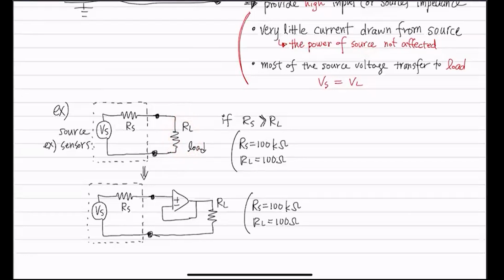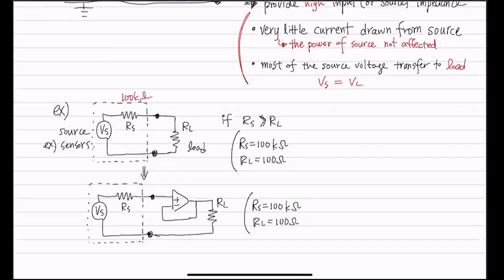And what if the sensor you've got has a very, very large parasitic resistance? There can be some cases like that, and your load resistance is much smaller than that value. Let's try an example. So RS is 100K, and the load is 100 ohm.